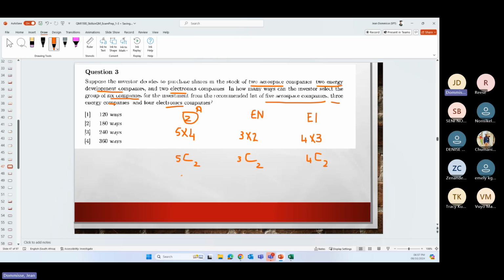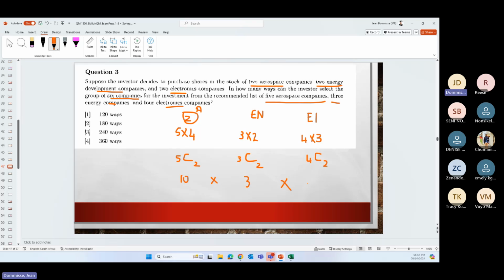So it's actually 10. I will just want to check that again. 3 combination 2. So I just want to make 100% sure that we are now working with the right numbers. So then it is 4 combination 3.